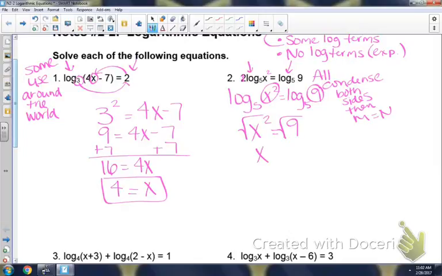So we get x equals, remember, positive negative 3. But remember, I told you I wanted you to plug it back into the original. If you plugged in the negative 3 for x, it would cause that to be a negative, and we can't have a negative in that position. So you will only write positive 3 for your solution.